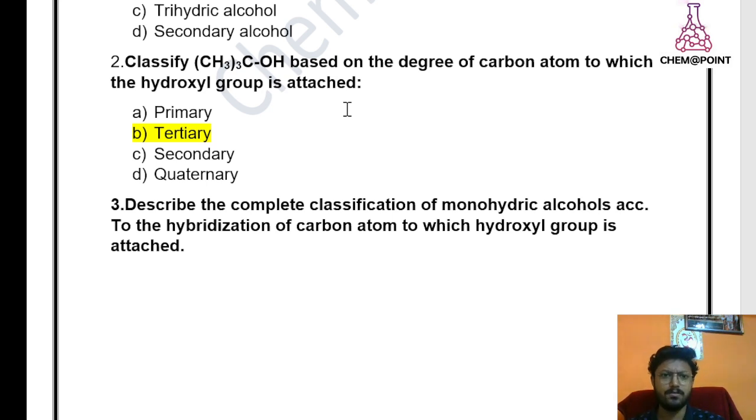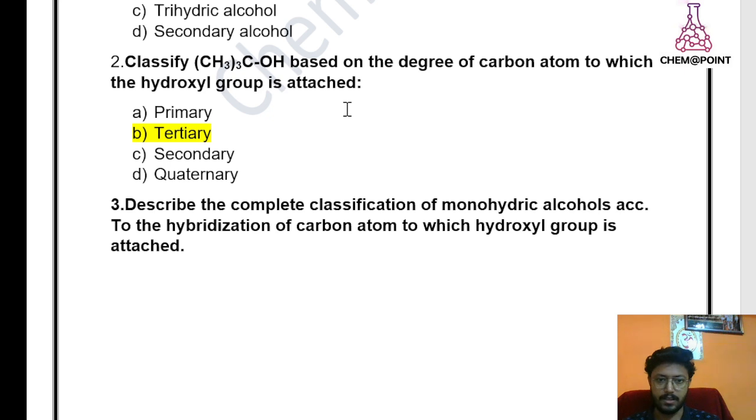Three methyl groups are attached to one carbon atom, and that carbon atom is also attached to one OH group. Do you understand my point? It is the structure of a tertiary alcohol. The right answer is tertiary, option B. Got it? Any confusion? Nice.